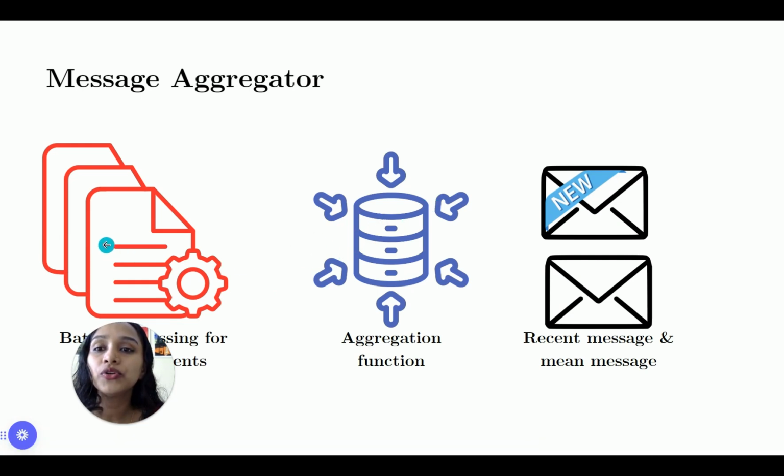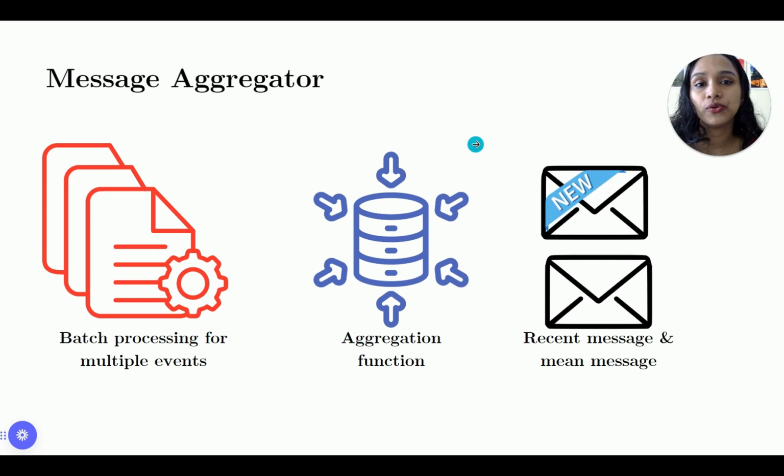The next module of this TGN is the message aggregator module. In a temporal graph network, if we are using TGN in a social media platform, an e-commerce platform, or for any large graphs, we will handle those dynamic graphs as batches of events.